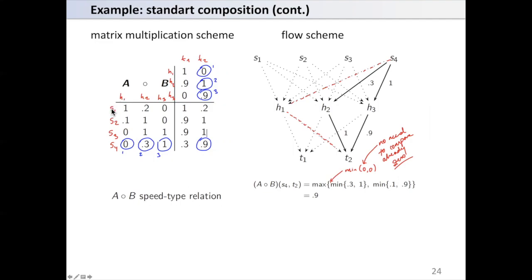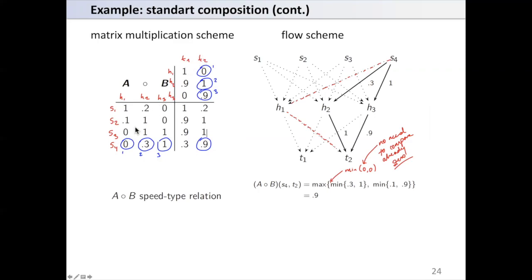Here there is a relation between speed and height, and here height and type. Then we are trying to find out what is the composition to obtain the relation between speed and type.